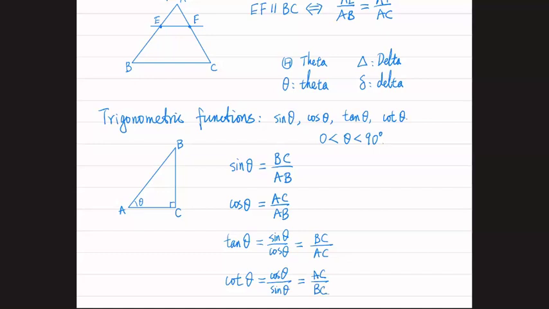So we can see this is the definition. We have a right triangle. The ratio BC, the side facing theta, over AB, the hypotenuse, we define as sine theta. The side adjacent to it, AC, over AB, is defined as cosine. The ratio BC over AC is tangent, and AC over BC is the reciprocal.